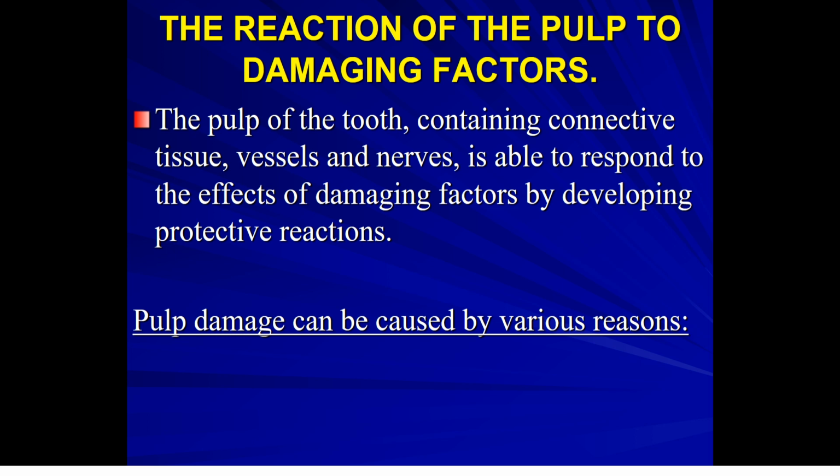The reaction of the pulp to damaging factors. The pulp of the tooth contains connective tissue, vessels and nerves, and is able to respond to the effects of damaging factors by developing a protective reaction. Pulp damage can be caused by various reasons, and now we describe these reasons.